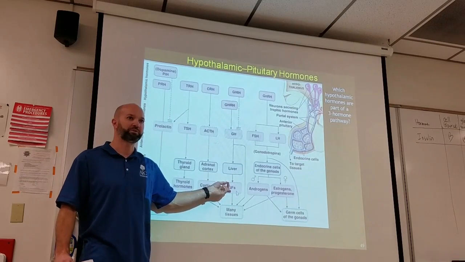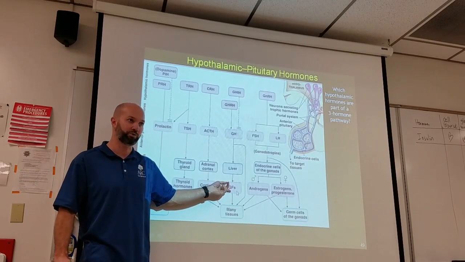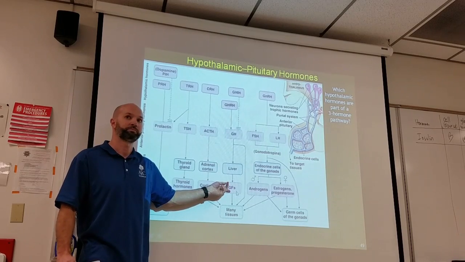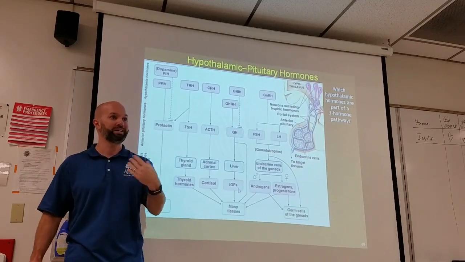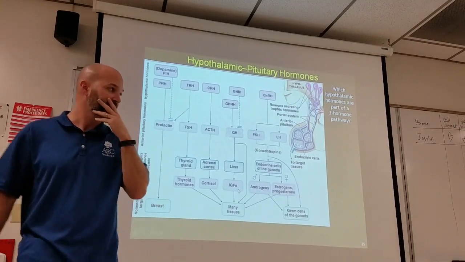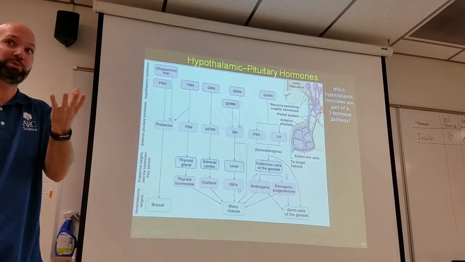In most books, they refer to it as IGFs, insulin-like growth factors. And that's fine. That name does remind you that it has some insulin-like effects in terms of promoting growth.